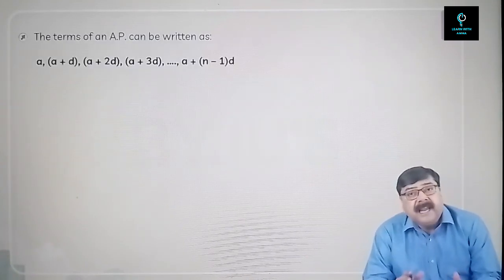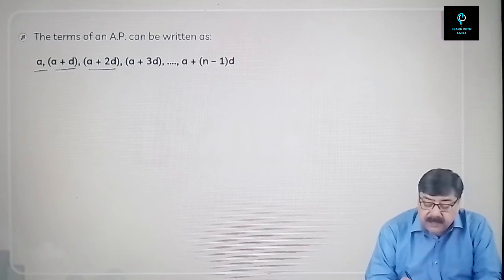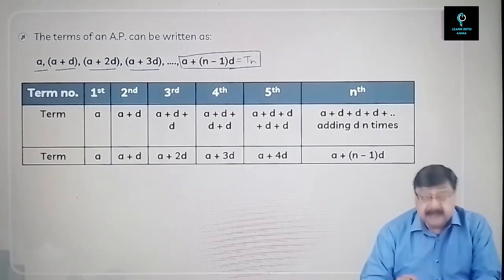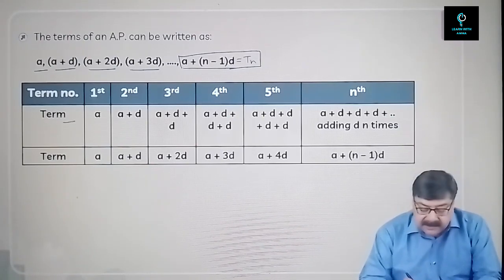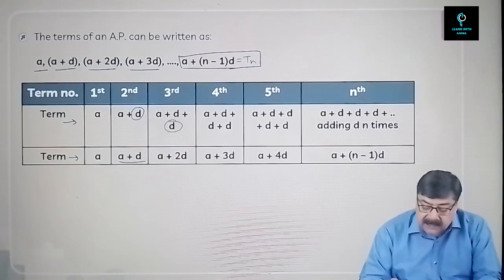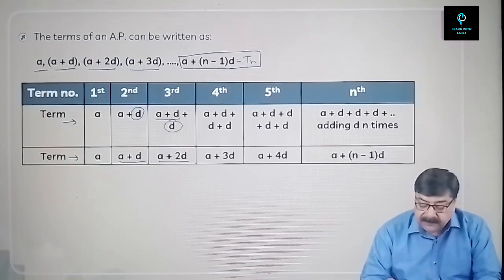Now, the terms of an AP can be written as A plus D, A plus 2D, A plus 3D, up to A plus (n minus 1)D, which is helpful in finding out the nth term. I can rewrite this as shown in this table. A is the first term. Adding D to A, we get A plus D. Adding another D to the previous A plus D, it becomes A plus 2D.